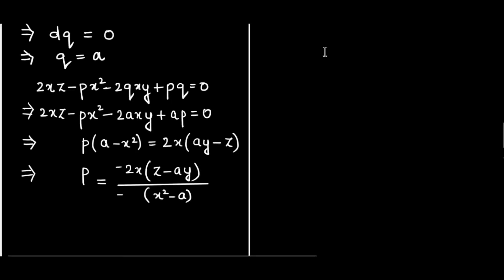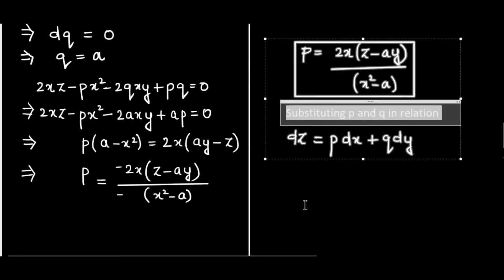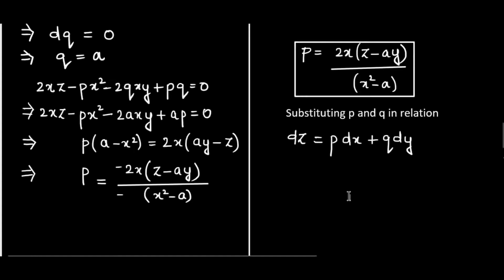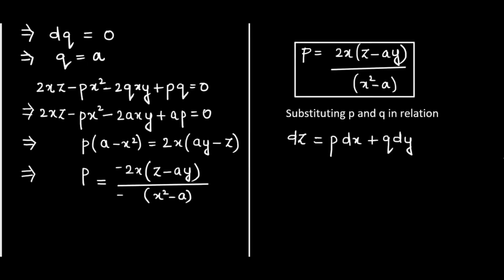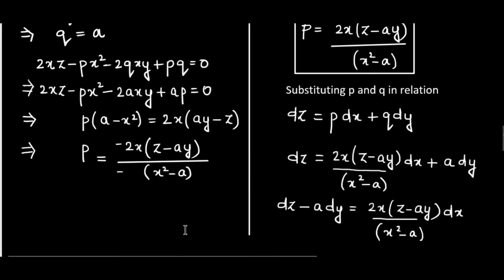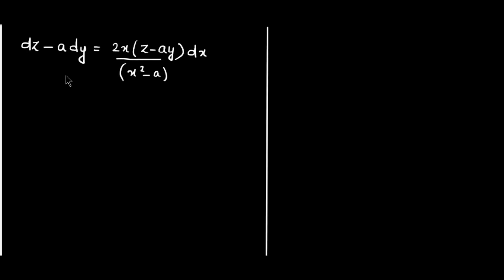Now let us substitute p and q in the relation dz is equal to p dx plus q dy. After substitution, we get, now we are going to solve this by separating the variables.